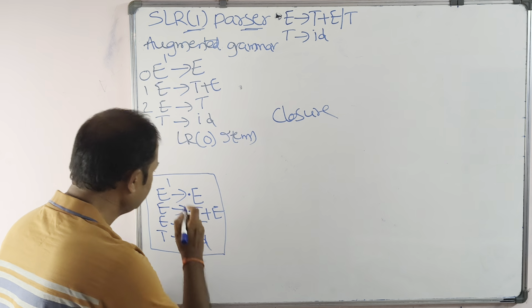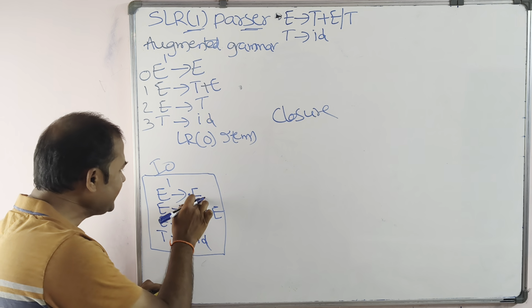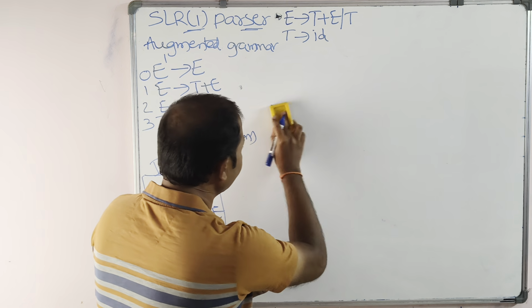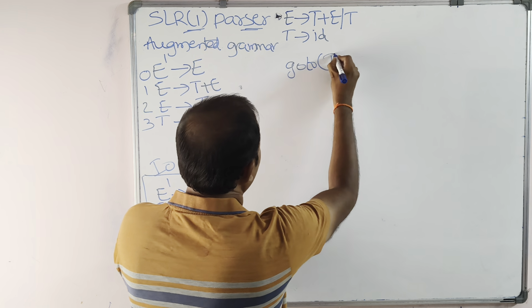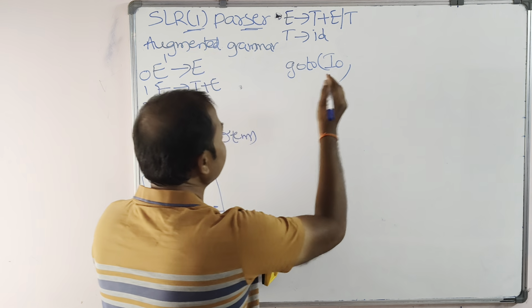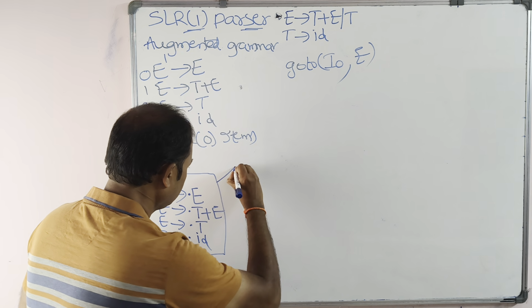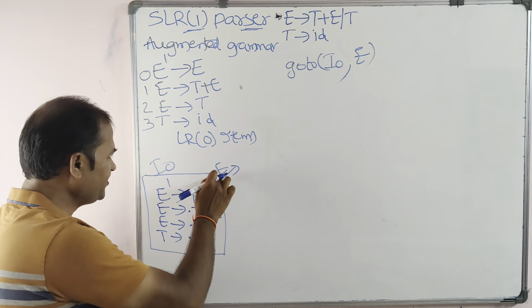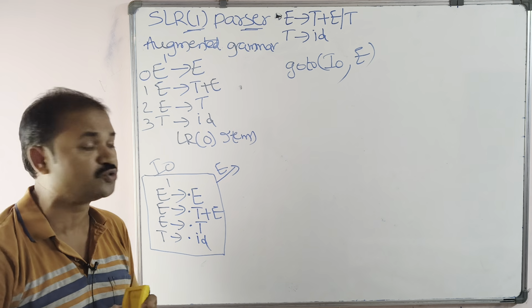Next, apply E on I naught. That means calculate goto of I naught comma E. If we apply E on I naught, then the dot will be shifted one position to the right.